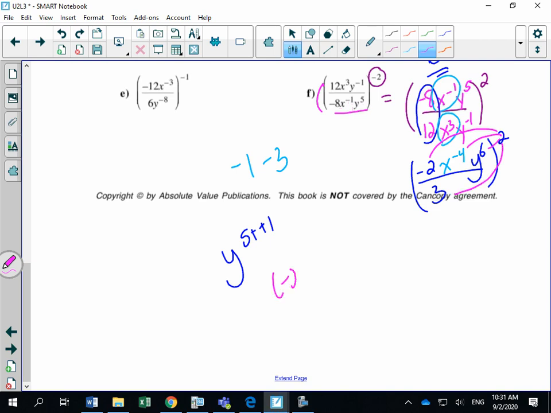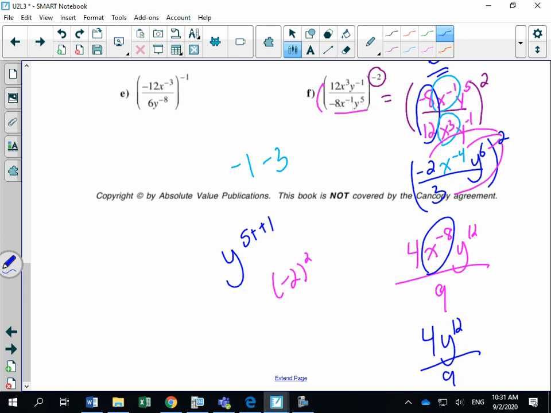Negative 2 to the power of 2 is 4. x to the negative 8, y to the 12, 3 to the power of 2, 3 squared is 9. Then get rid of this. So 4 y to the 12 all over 9 x to the 8. And that would be your final answer.